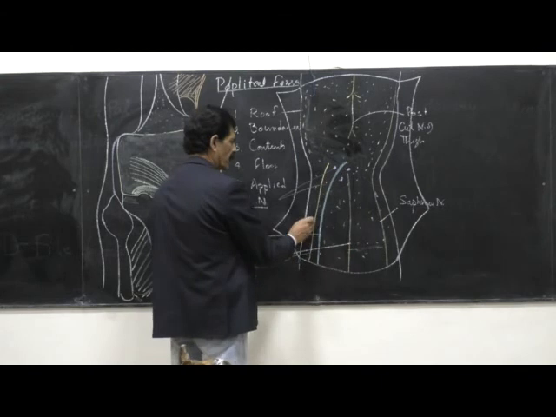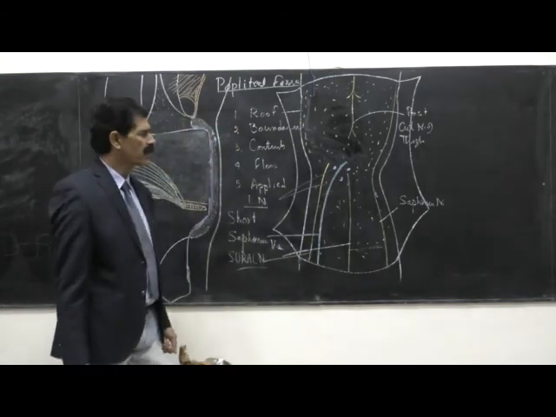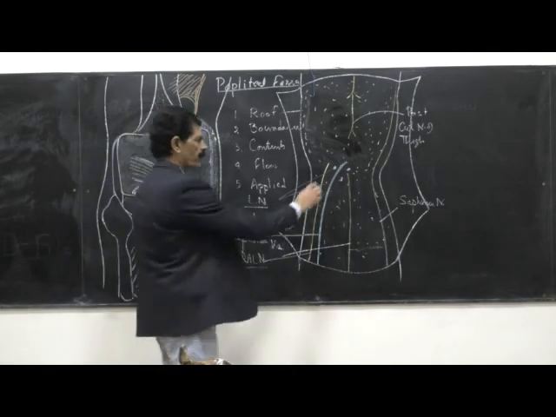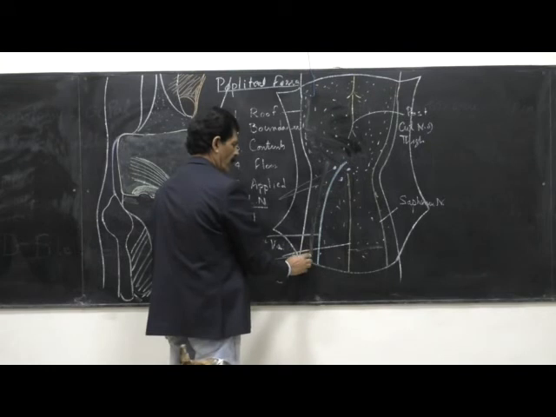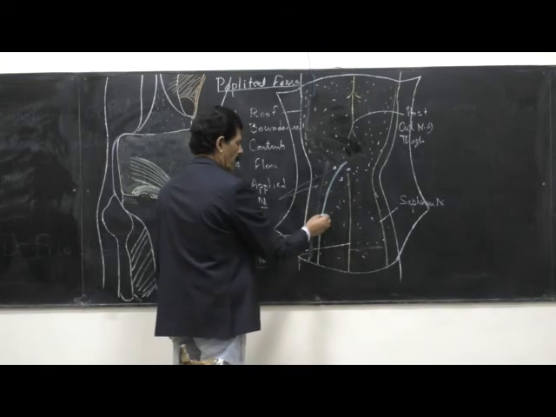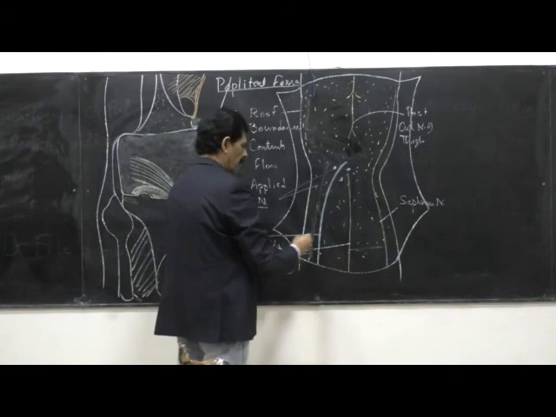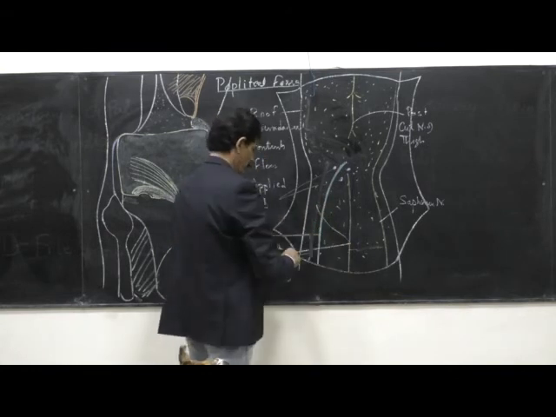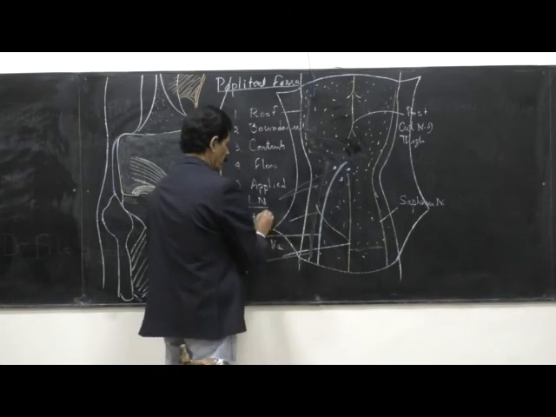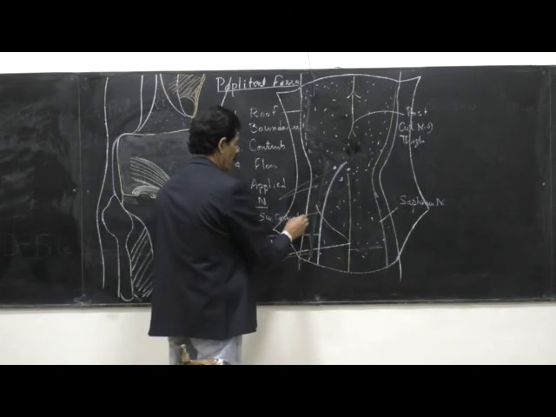The sural nerve is not laterally placed, it is present in the middle lower part of the popliteal fossa. And sometimes a sural communicating nerve may be seen, which is a branch of the common peroneal nerve.